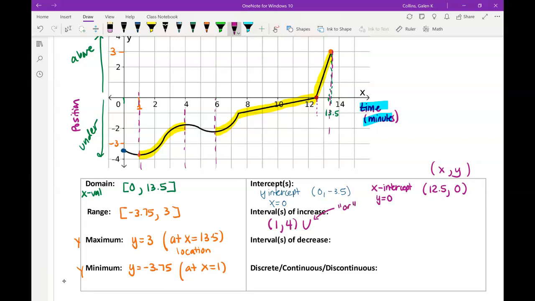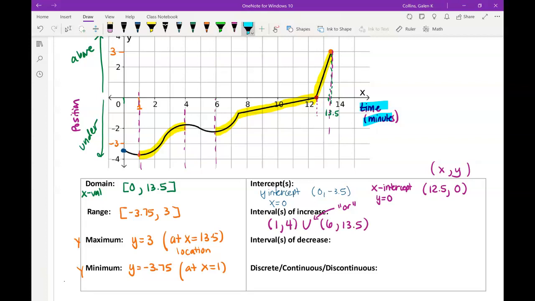In math, we think of this as the word or. I know our brain wants to say and, but really in interval notation, it just helps us join the intervals where the function's increasing. So from x equals 6 to x equals 13.5, our function is increasing as well.